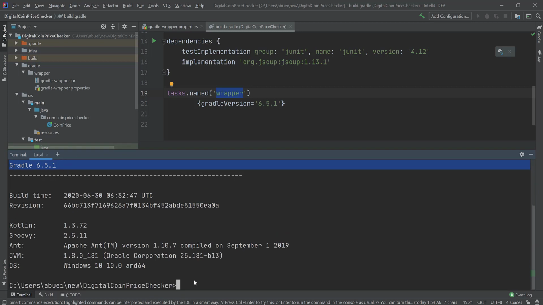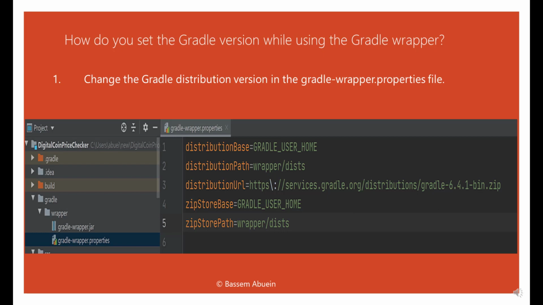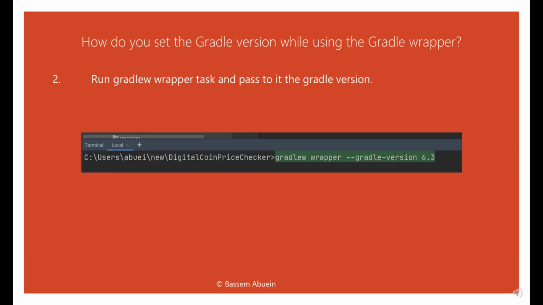To sum this up, you can set the version of a Gradle distribution that is required by the wrapper in 3 ways. The first way is changing the Gradle distribution version in the gradle-wrapper.properties file. The second way is to run the gradlew wrapper task and pass to it the Gradle version, as we've seen earlier.